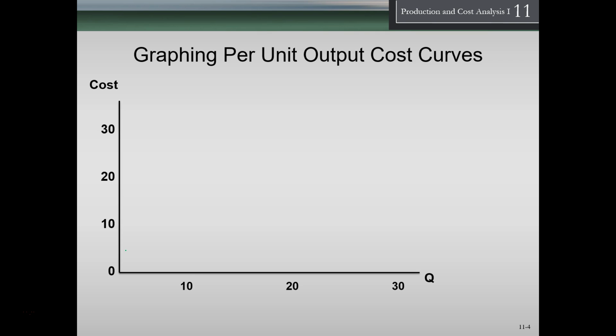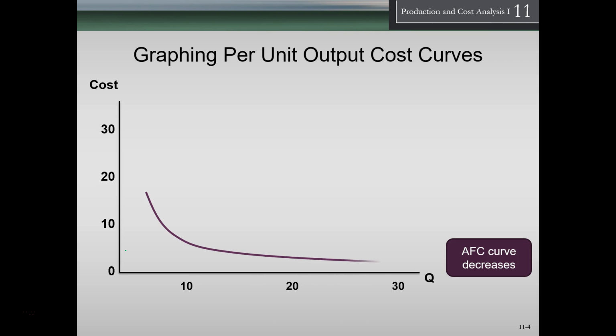Okay, graphing per unit output cost curves. All right, so if we look at the average fixed cost, look what we have here. We have the cost, and then we have the quantity, and now we're graphing the average fixed cost. This one's a lot more confusing for a lot of people because it's kind of strange to graph the average when you first start doing it. But note what we're saying is that the average is the total cost divided by the output.